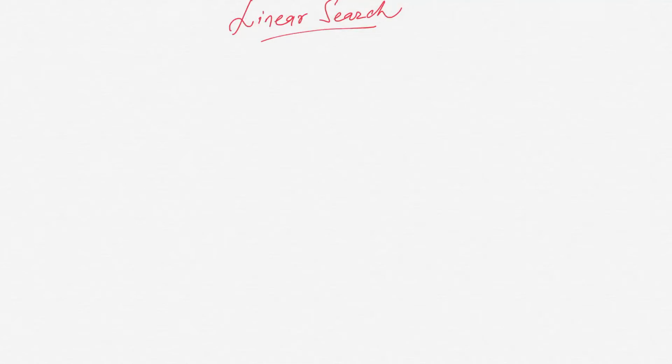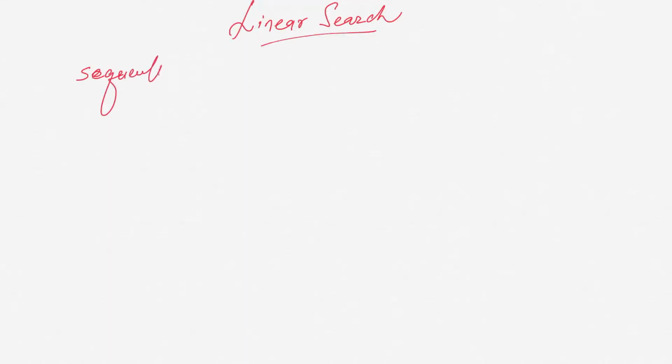So in the computer science world, linear search, or sequential search, is a method of finding an element within a list or array. What happens in linear search? As I said, it's also called sequential search.